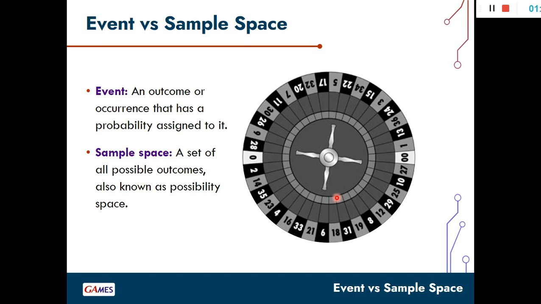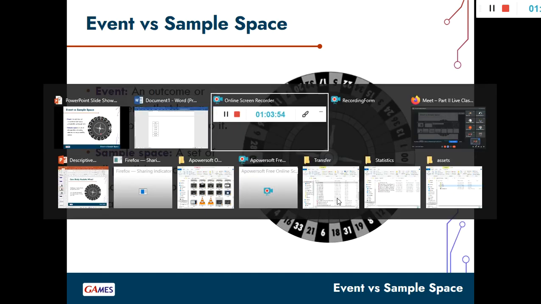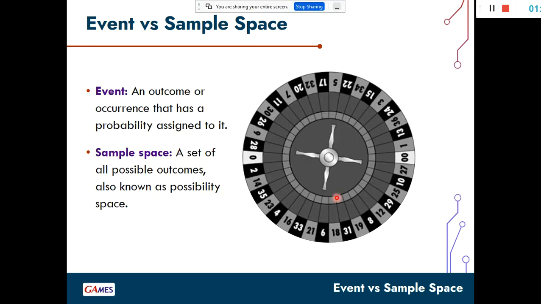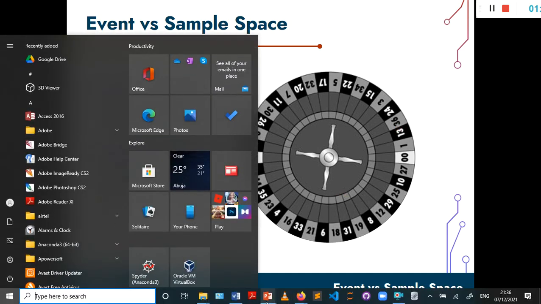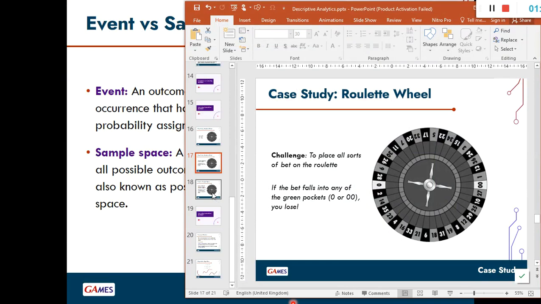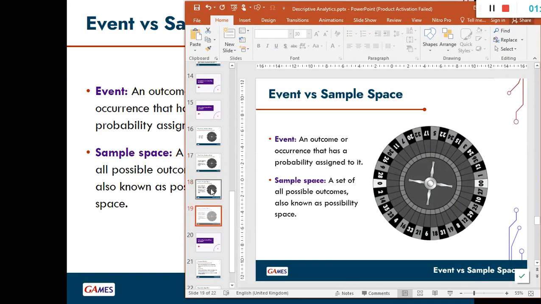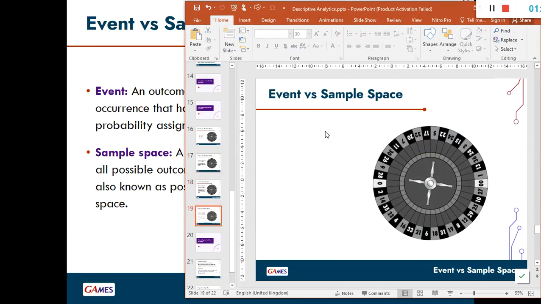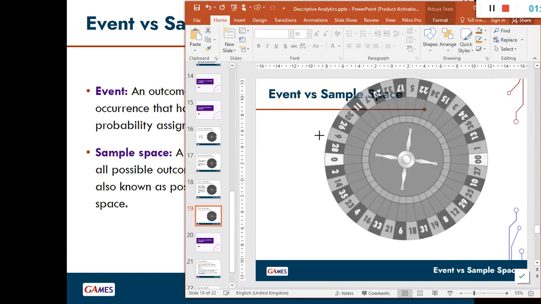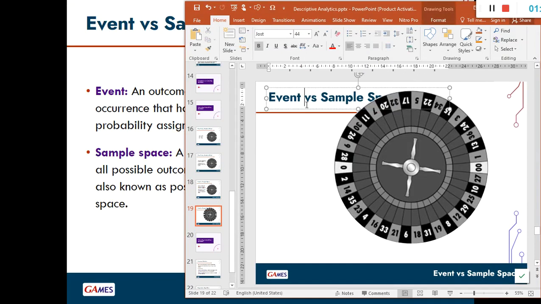So let's say pocket number 8. How many pockets are there for the number 8? Just one. Okay, one. To make this very easy, I'm going to enlarge the roulette wheel so that we can clearly see it.